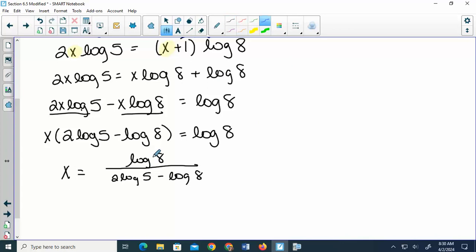When you put this in your calculator, every time you push the log, it opens a parenthesis, so you have to close it. You also have to realize the denominator has multiple terms, so you would have to put parentheses around that whole thing. Or use the fraction feature on your calculator so you can make sure it's going in exactly as you want it.